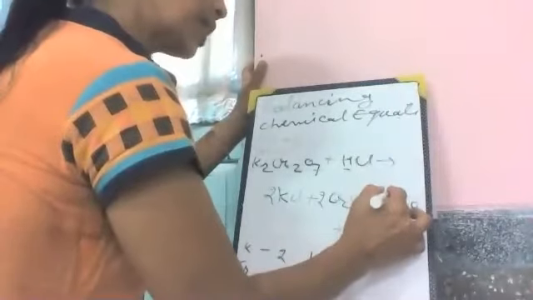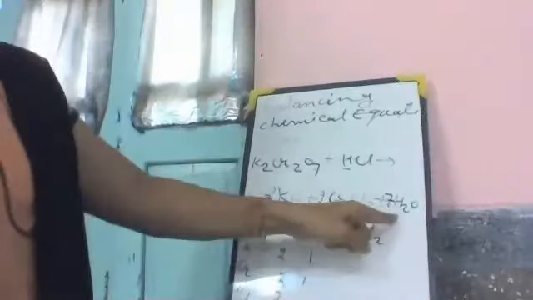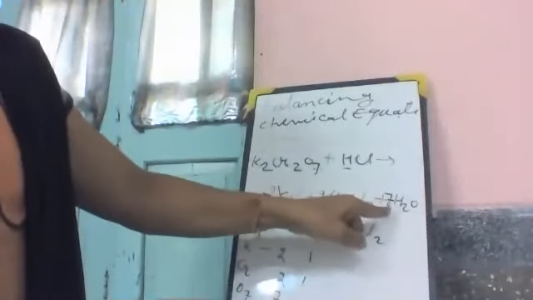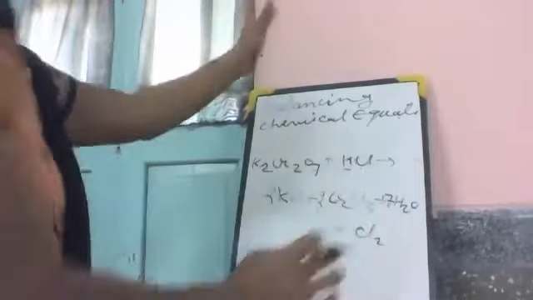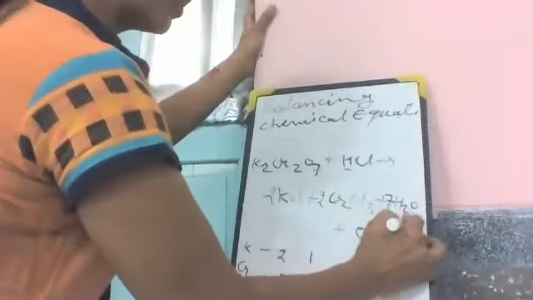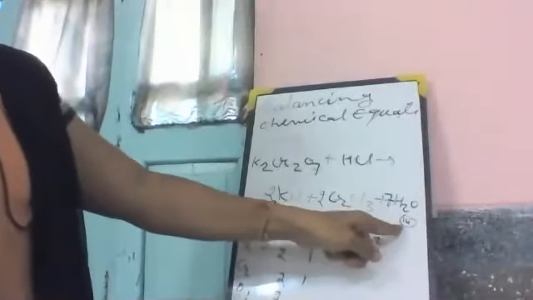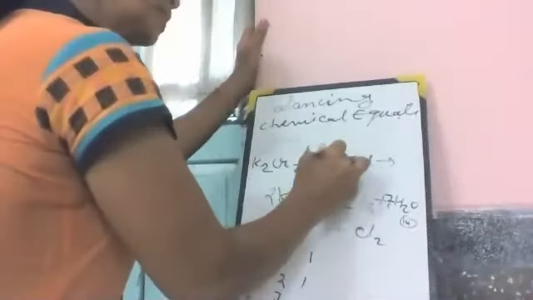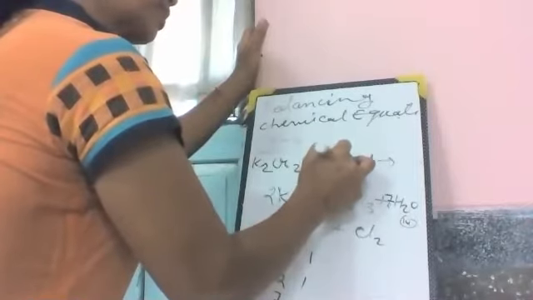To make it 7, we multiply water by 7, so 7 oxygen. To multiply it by 7, the number of hydrogen is 14. To equalize the number of hydrogen atoms, we multiply HCl by 14.